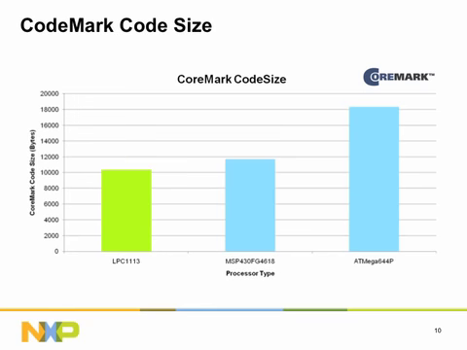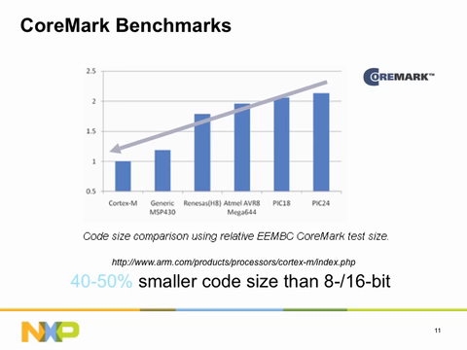CoreMark benchmarks can also be used to compare the code density between processors. Comparing against the same microcontrollers, we can see that not only does the 32-bit LPC1113 have better performance, it also has better code density than the MSP430 and significantly better code density than the 8-bit ATmega644P.